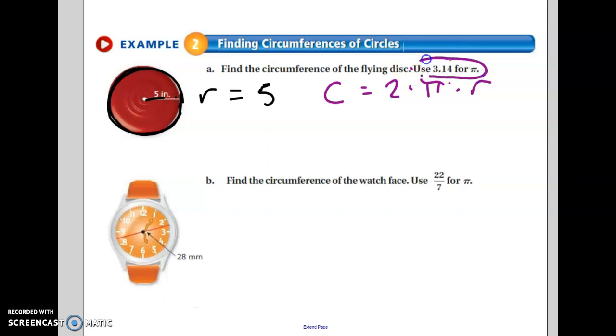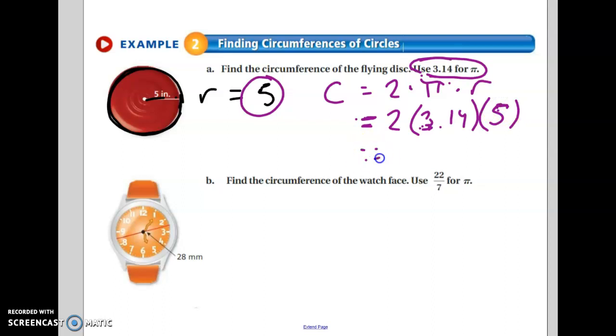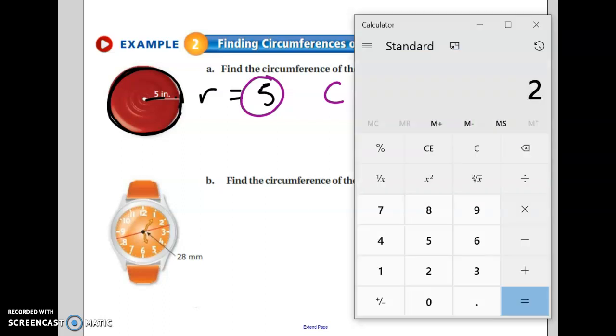Now here they tell us to use this decimal approximation for pi. So I'm going to go 2 times, and I'm going to use 3.14 for my approximation for pi. And then I'm going to multiply by my radius, which is 5. So I'm going to do 2 times 3.14 times 5.